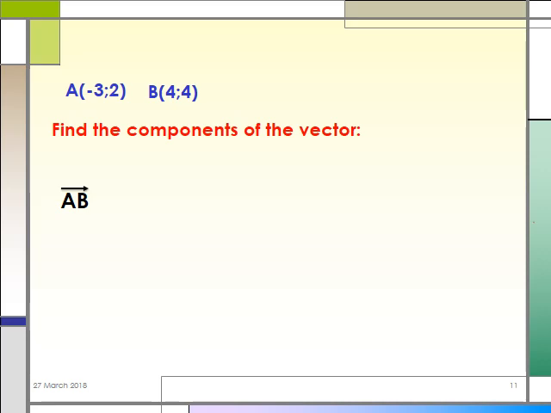A (minus 3, 2), B (4, 4). Find the components of vector AB. Vector AB, its coordinate XB minus XA, YB minus YA.